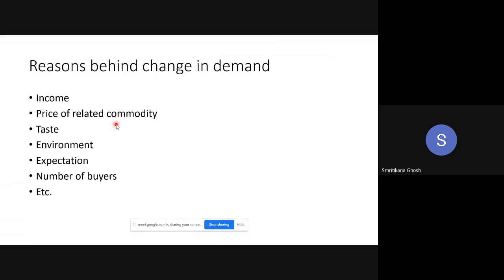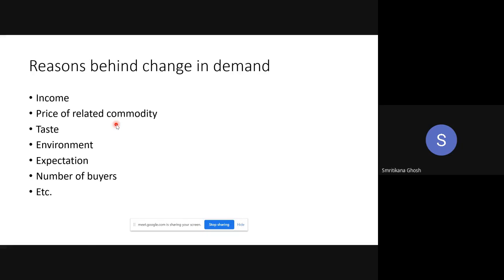Say the price of socks has increased. So the demand for socks will fall because of the law of demand. So demand for shoes will also fall because generally when you are using formal shoes, you have to wear socks. Okay. So they are related. How? Look, there is no change in the market of shoes.